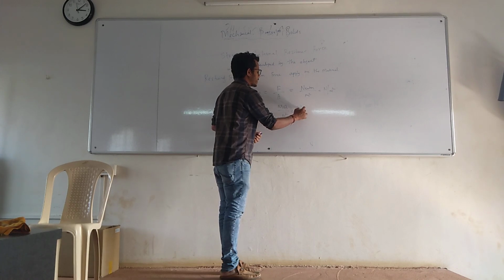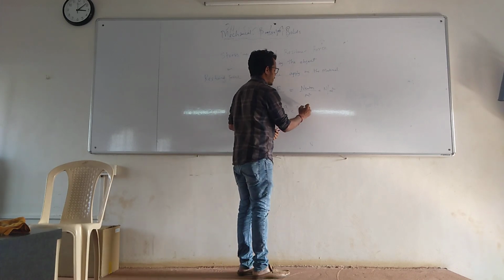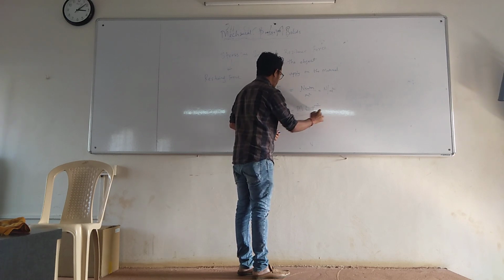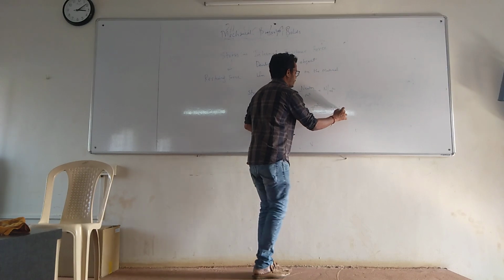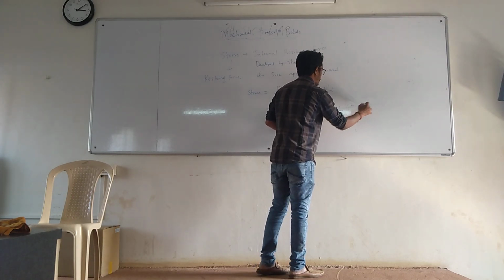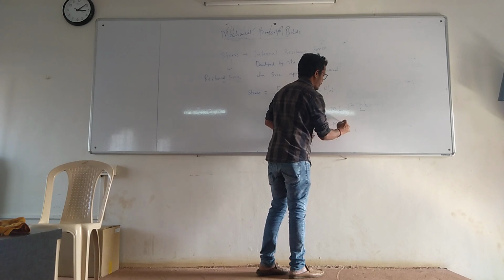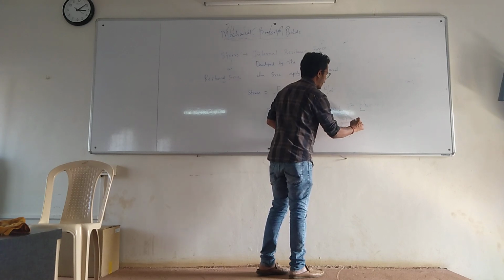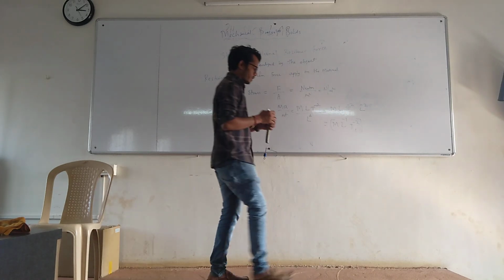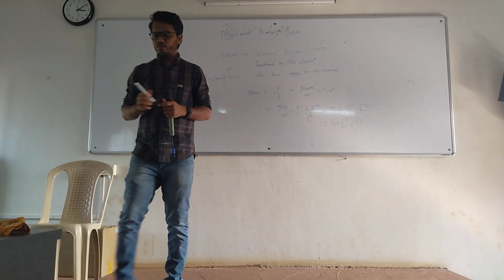Mass is M and acceleration is meter per second square, which I write as L T raised to minus 2, and area is meter square, which I write as L square. So M L T raised to minus 2 and L raised to minus 2 brings M L raised to minus 1 T raised to minus 2. This is the dimensional formula for stress.